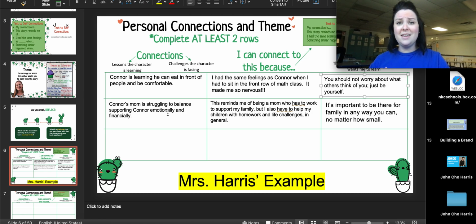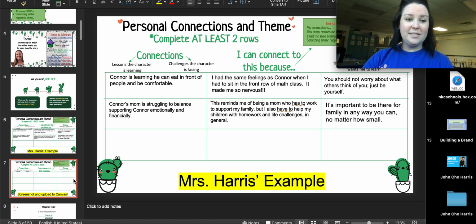Thinking about the theme, what do I think Dusty Bowling wants me to learn from this? Well, she wants me to learn that it's important to be there for your family in any way you can, no matter how small. So you're taking those personal connections and developing what could be the theme, or what am I noticing as the theme in this story?